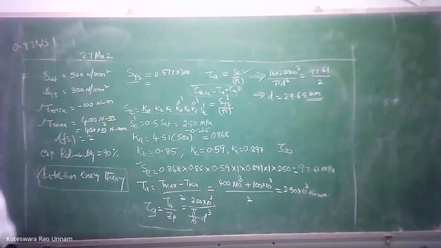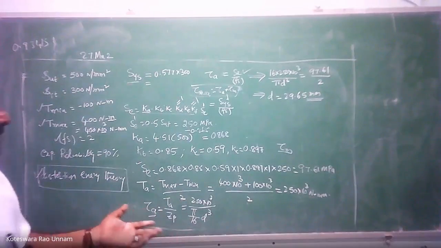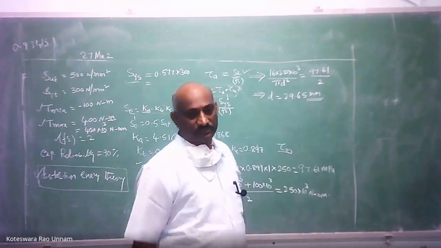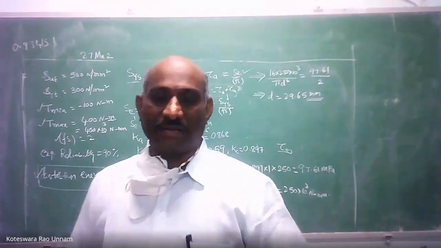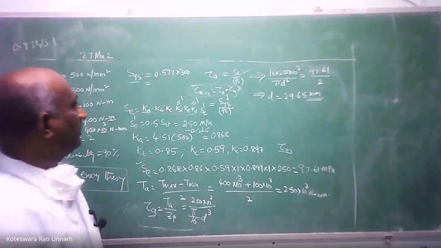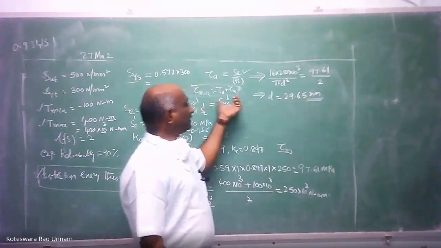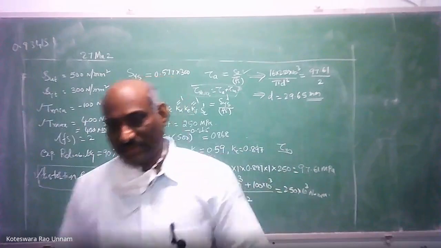Failure may be either a static failure or a fatigue failure. In order to avoid fatigue failure, your diameter is 29.65, approximately equal to 30 mm. But I need to check if I take this 30, whether it is going to fail by yielding or not. I need to check that also.